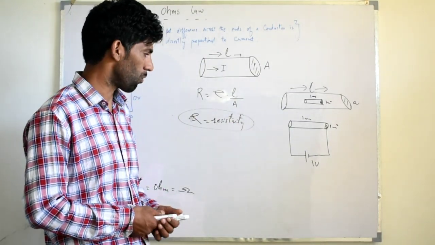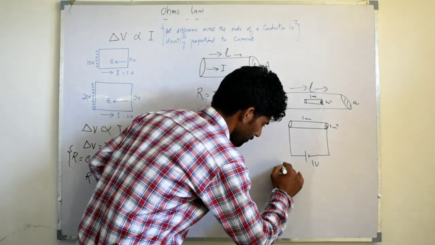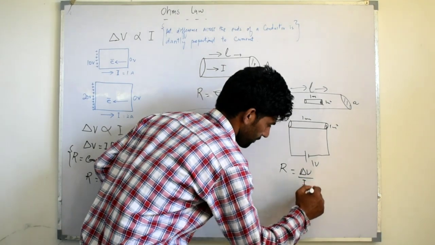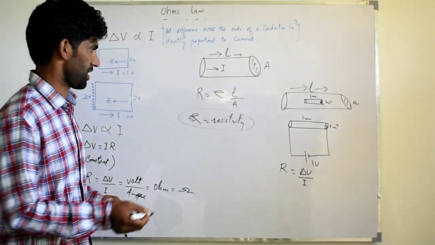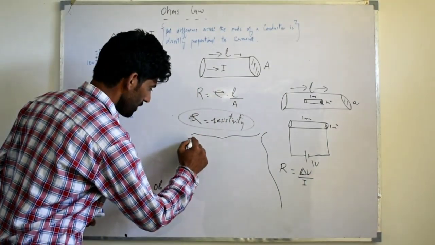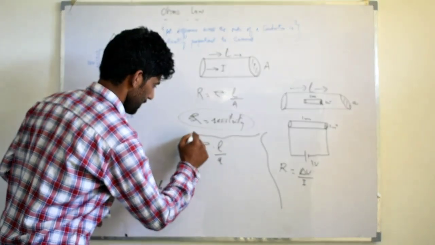Now, knowing the formula R is equal to del V upon I, to find the resistance we have the formula R is equal to rho into L divided by A.